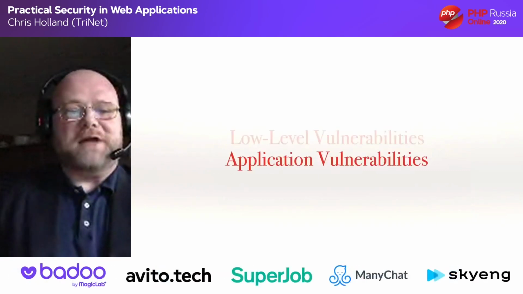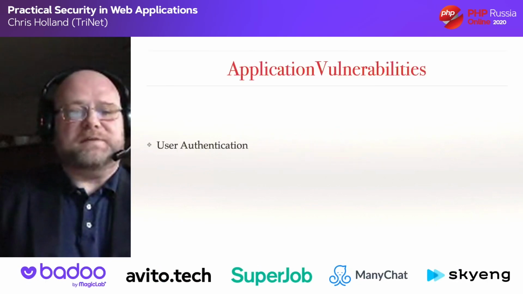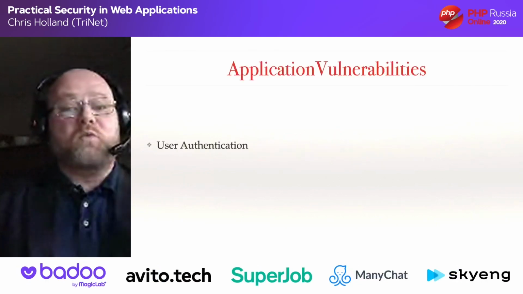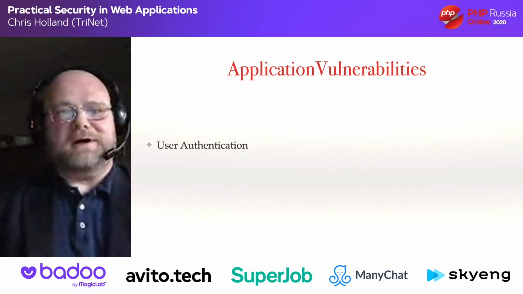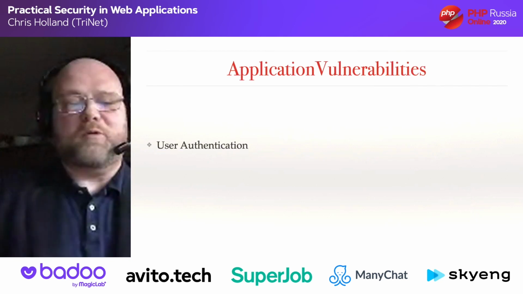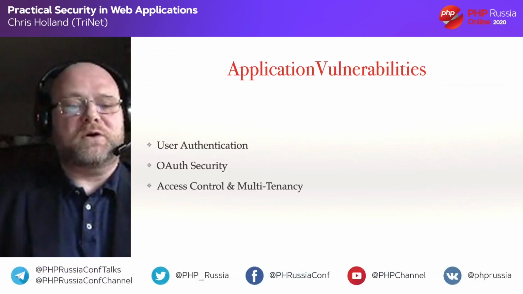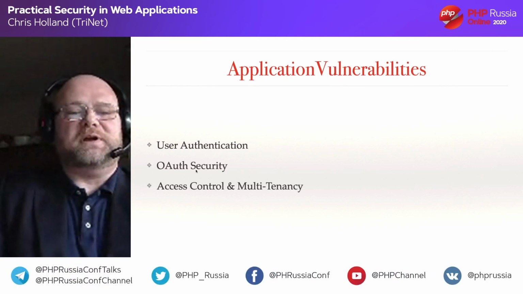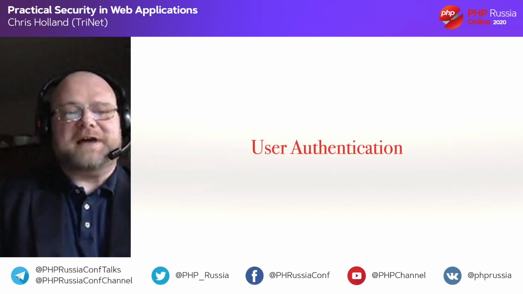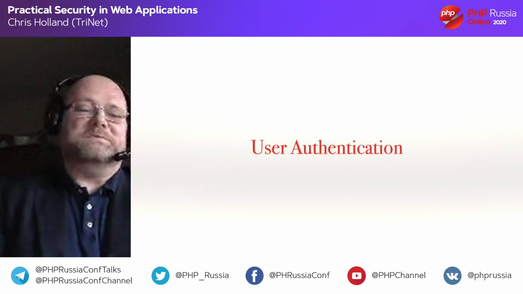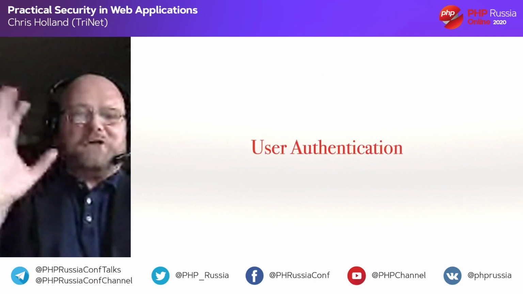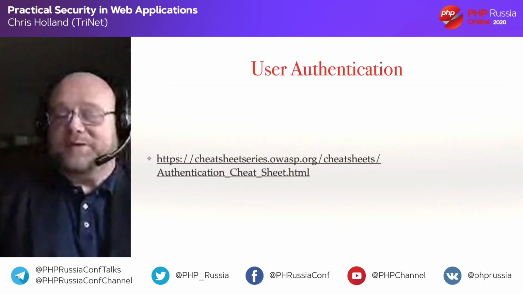Okay, so now let's look at application vulnerabilities. We're going to look at 3 topics: user authentication, OAuth security, and then access control and multi-tenancy. So let's dive into user authentication. Within user authentication, we're going to look at a bunch of topics.